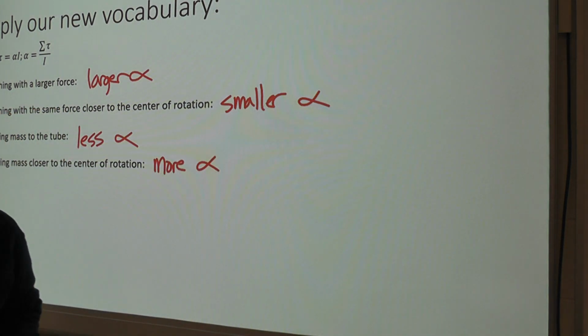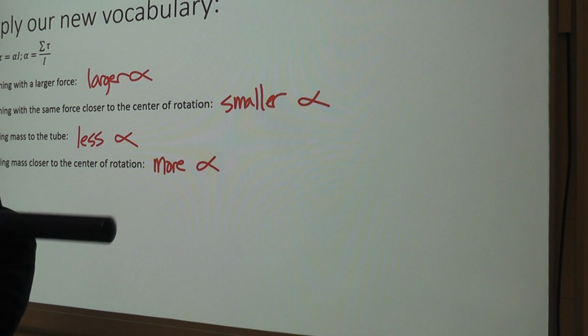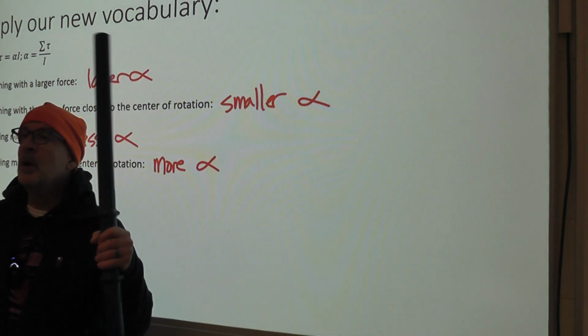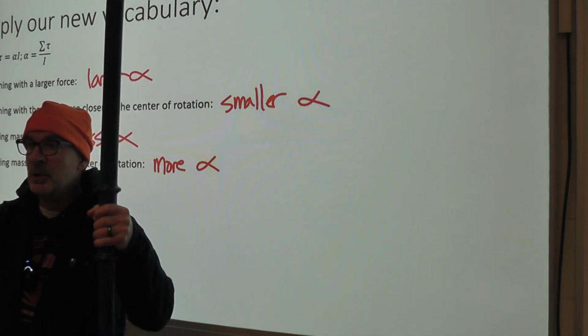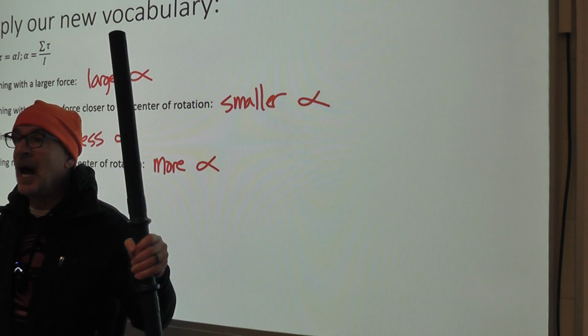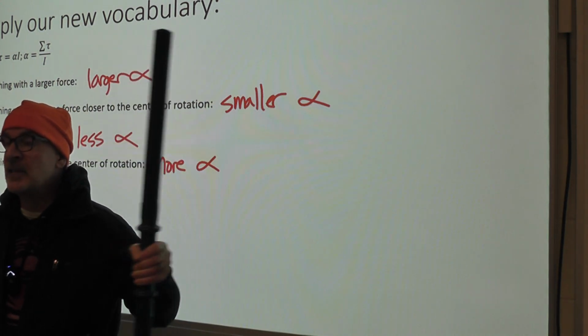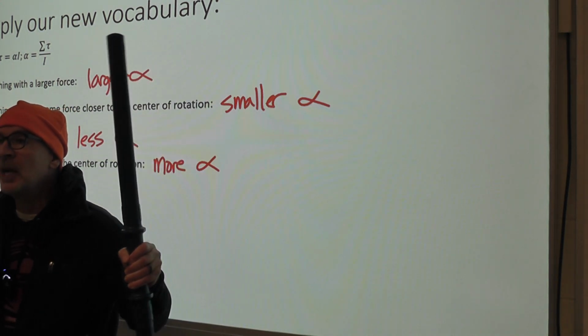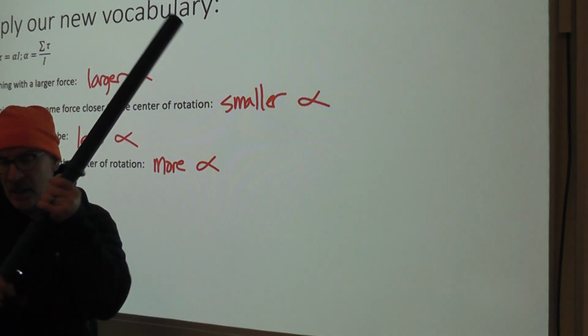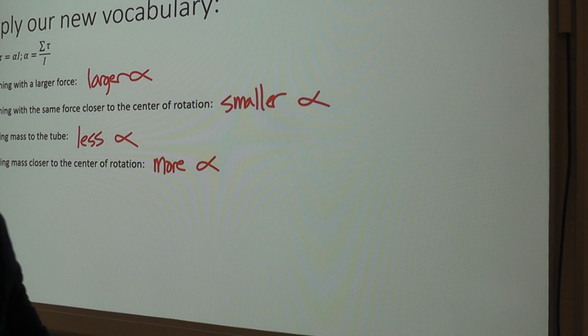You will see more angular acceleration for any given torque on the red tube than you will on the blue tube, because the mass is closer to the center of rotation. They feel the same when you do this, because they have the same mass, but I can wiggle this one back and forth a lot faster because I can change its rotational motion a lot more. That mass is closer to the center of rotation.